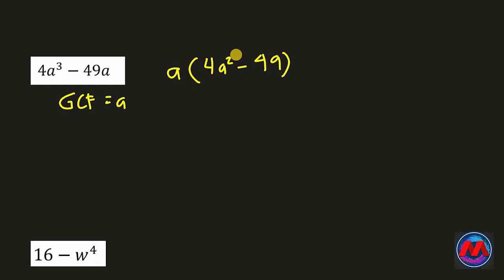So here we apply the factoring method of difference of two squares: one is negative and the other is positive. The square root of 4a squared is 2a, and the square root of 49 is 7. So the factors of this polynomial are a, 2a minus 7, and 2a plus 7.